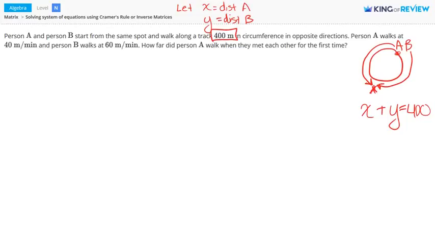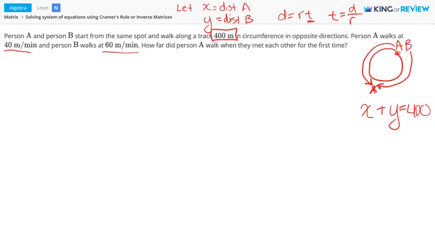The next thing that we want to do is consider the rates here. We know that the rate of Person A is 40 and the rate of Person B is 60 meters per minute. So if you remember, distance equals rate times time. And if we rearrange for time, we get time equals distance over rate.